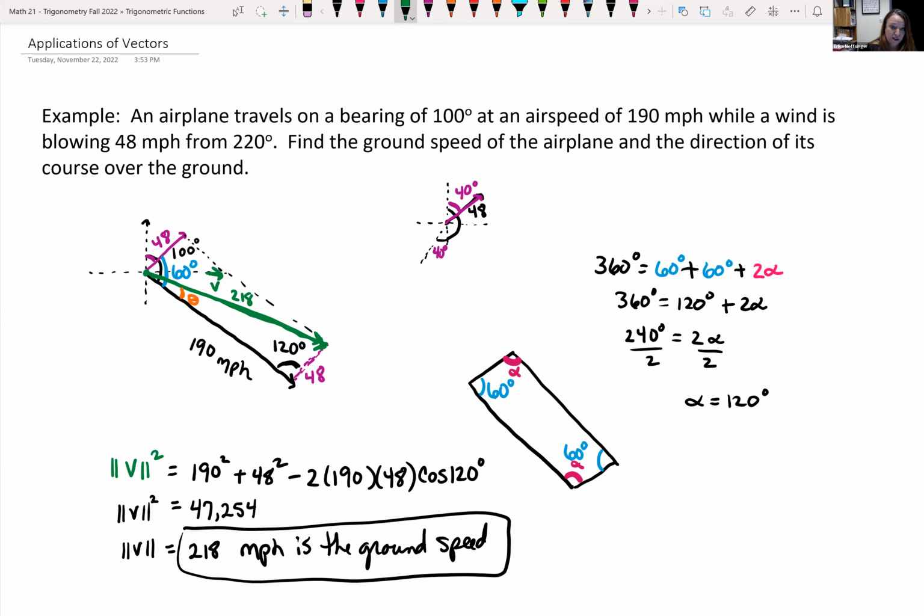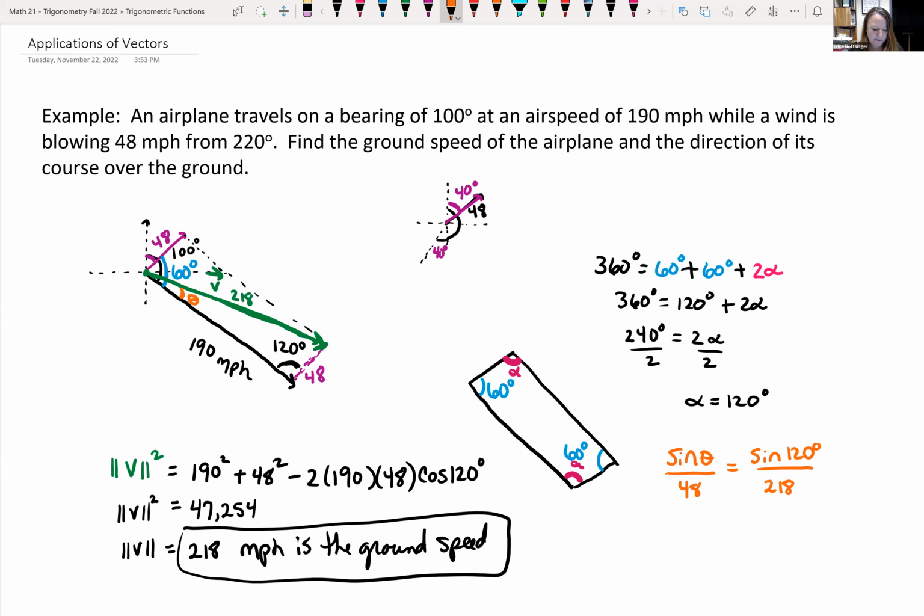And so we can use the law of sines here. Using the law of sines, and I'm trying to find an angle, I'm going to do sine of theta all over the side opposite of theta, which is 48 in my case, is equal to sine of 120 degrees all over the side across from 120 degrees, which we found to be 218.